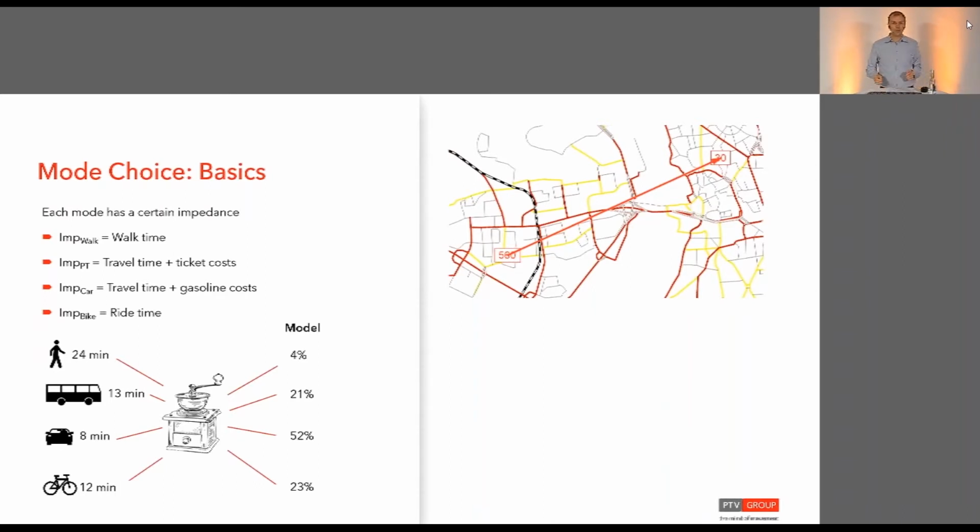And then we put all these impedances of the different modes into our mode choice model, so somehow into our machine. And the outcome is then the mode shares, so the probability that a certain person in this situation takes a certain mode. And this is done, of course, not only for one relation, but for the whole model.